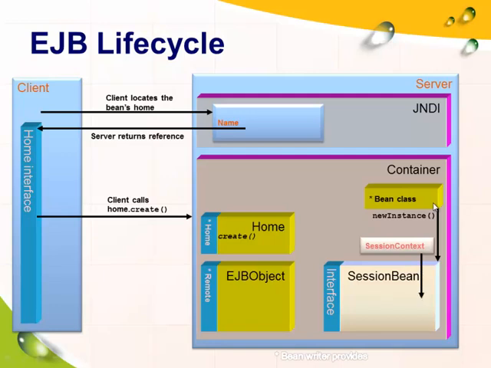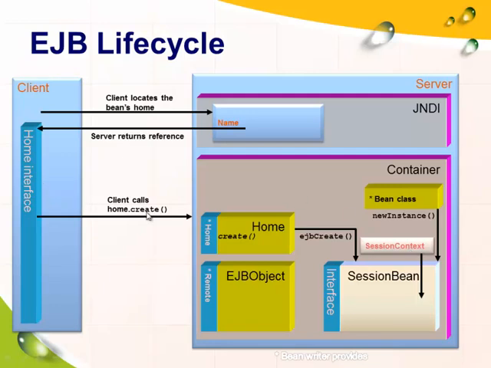The environment includes the protection, that is the security, it may be the transaction, it may be the persistence. The entire environment in which the bean has to be provided is supplied by that context. So it receives this session context, okay, and then it calls the EJB create on the session object.